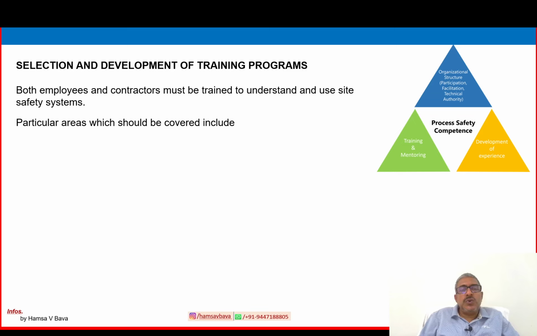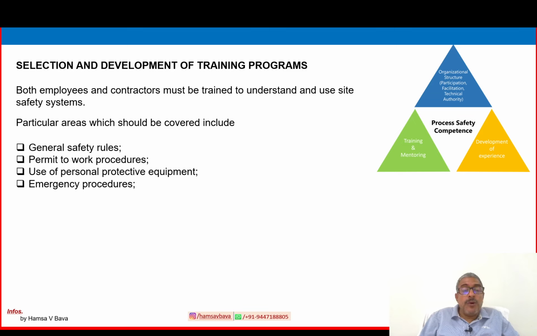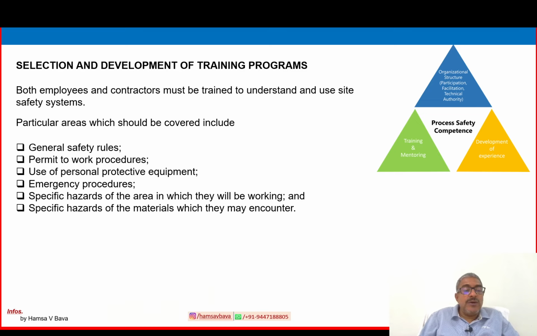Particular areas which should be covered include general safety rules, permit to work procedure, use of personal protective equipment (PPE), and emergency procedure, which is very important. Also specific hazards of the area, like H2S, working with nitrogen, confined space entry, working at height, and changing weather conditions. These are specialized or general training, including heat hazards, and specific hazards of the materials which they may encounter, such as specialty chemicals.